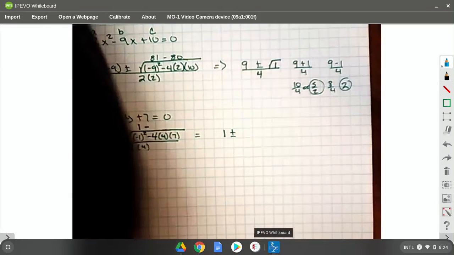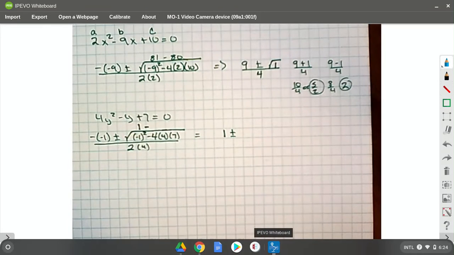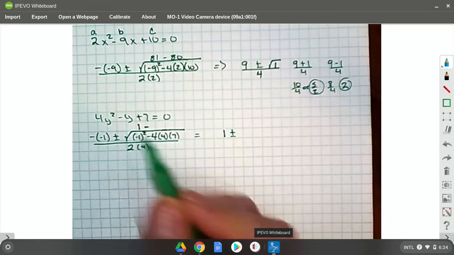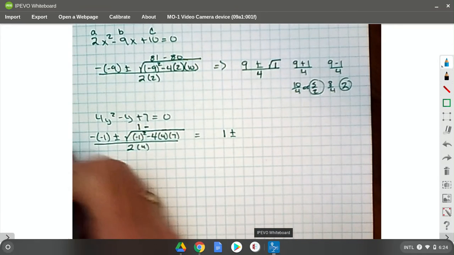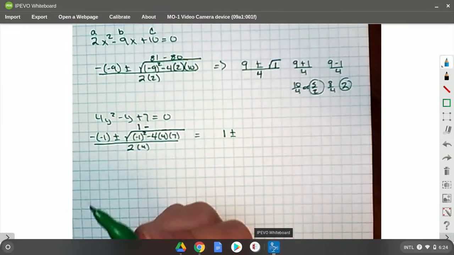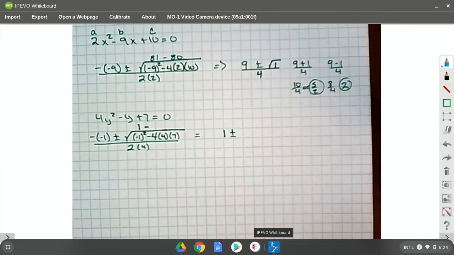What do I get for 16 times 7? So 10 times 7 is 70, and 6 times 7 is 42.